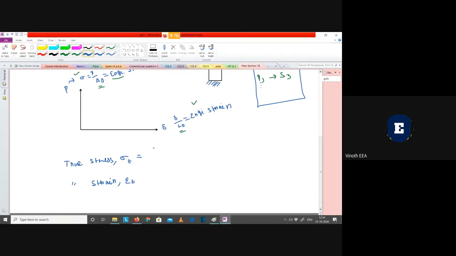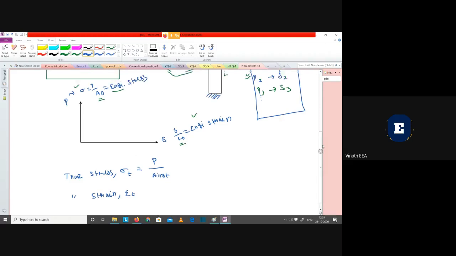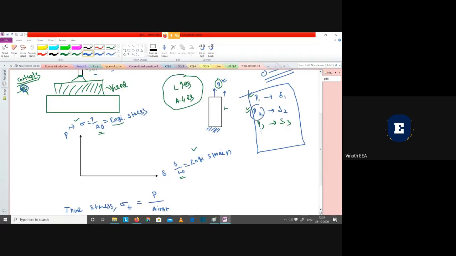True stress is nothing but the load applied at that instant, to that of the area at that instant. Suppose I'm applying load P2, and when I'm applying load P2, what is the cross section area? That area has to be included here. If I'm applying load P3, at that instant, what is the cross section area?